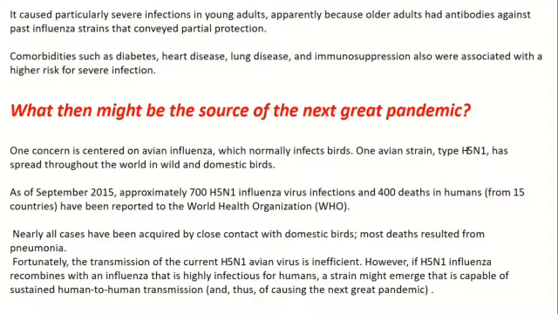As of September 2015, approximately 700 H5N1 influenza virus infections in children and adults in humans from 15 countries have been reported to the World Health Organization. Nearly all cases have been acquired by close contact with domestic birds. Most deaths resulted from pneumonia.